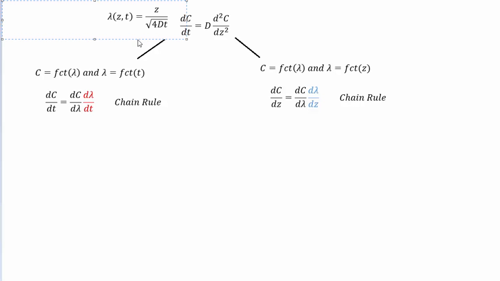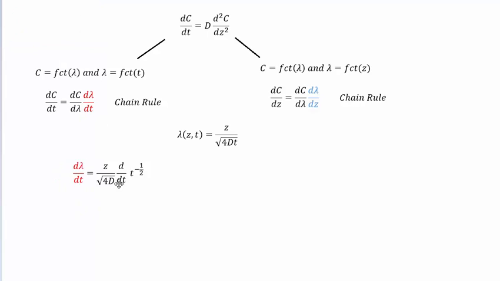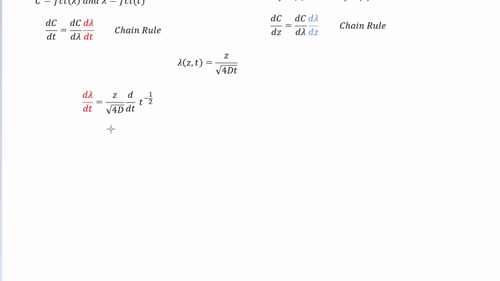So again, here's our definition of lambda. So in the d lambda dt, if we take those partial derivatives, what we're going to get is that first I pulled out the constants.